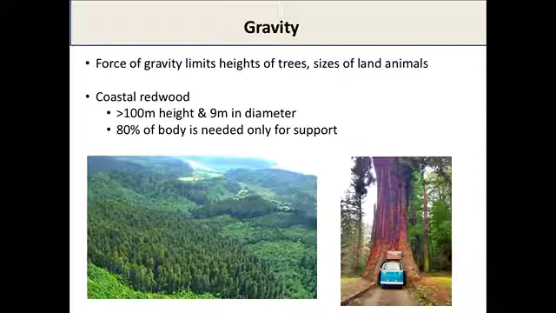They can grow to over 100 meters in height, but they have a 9-meter diameter. The vast majority of their tissues, of their structure, the reason they have to be so wide, is to give the trees support, so they can maintain their structure as they try to force further and further higher against the force of gravity.